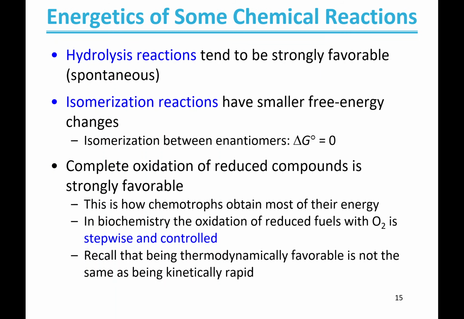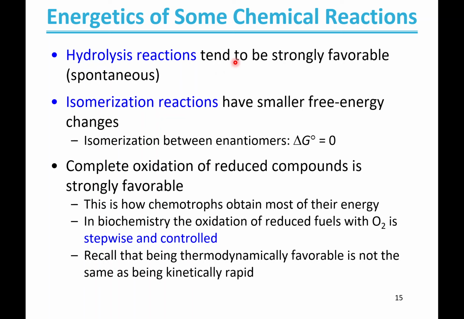So, energetics. These are just some general energetics of some of these types of reactions. But you'll probably see in the pathways we look at examples that are kind of contradictory to this list, so I don't want to spend a whole lot of time on this.